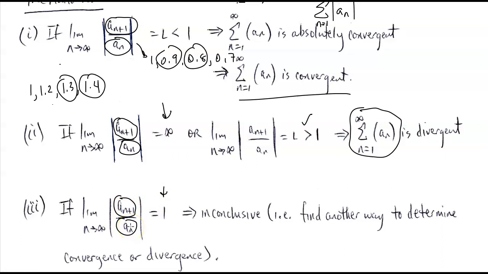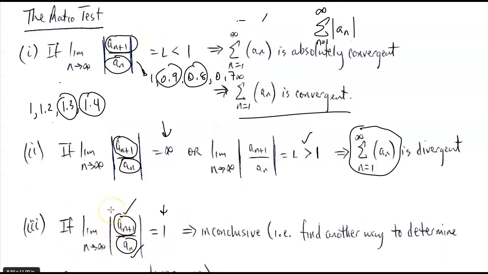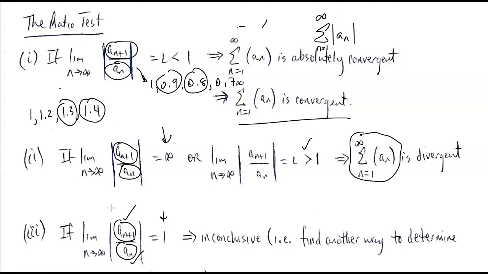Okay, so in that sense, we can't really determine, because this a sub n plus 1 and this a sub n are too closely related to each other to be able to know, hey, is the a sub n going to be bigger or smaller than the a sub n plus 1 as we use more values of n and list those numbers out. So that is essentially what the ratio test is trying to do.